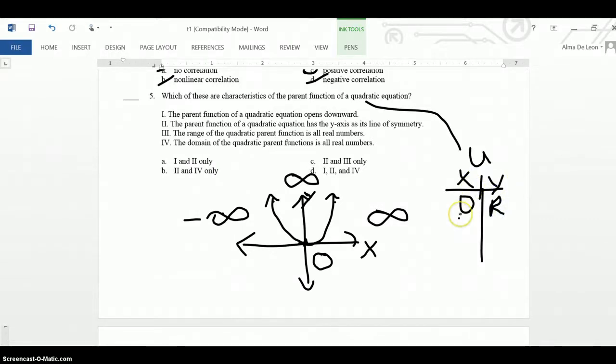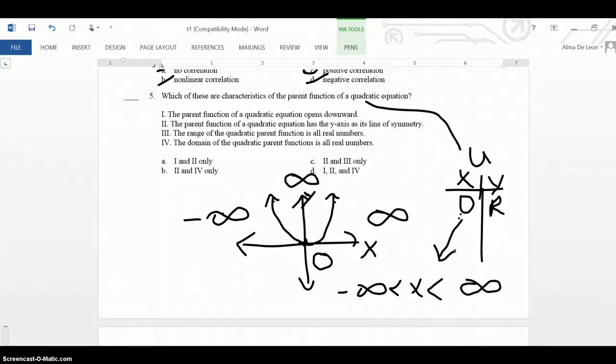If I'm going to look at domain, I'm going to look at my X values. And here I can see that my x-axis, since it goes side to side, my domain would be from negative infinity, because that's what I have on my left side, to positive infinity. Since it's going from infinity to infinity, my domain is going to be all real numbers.